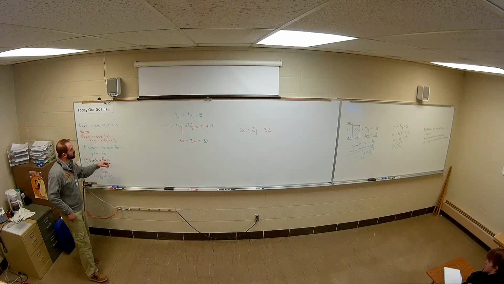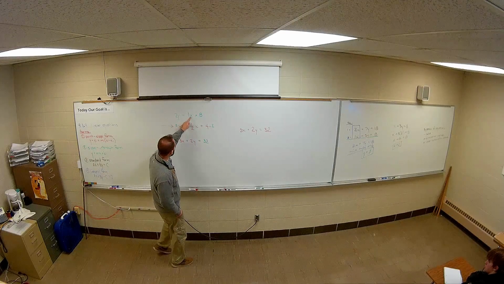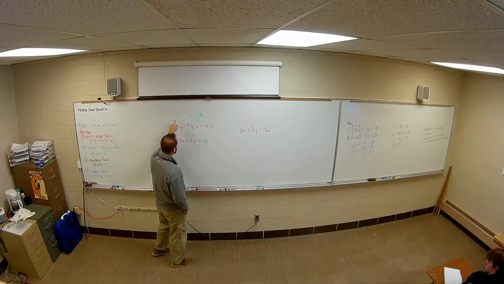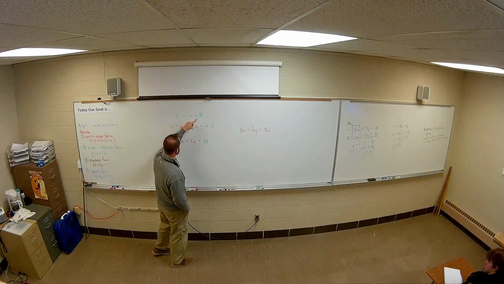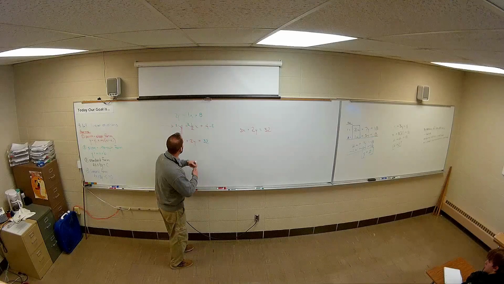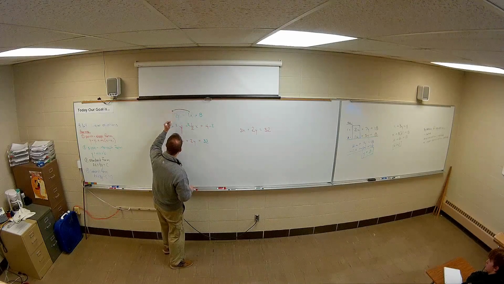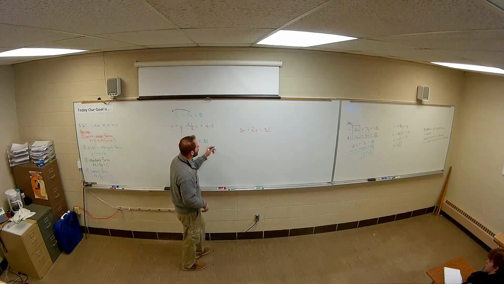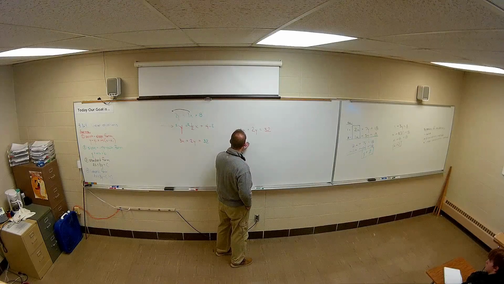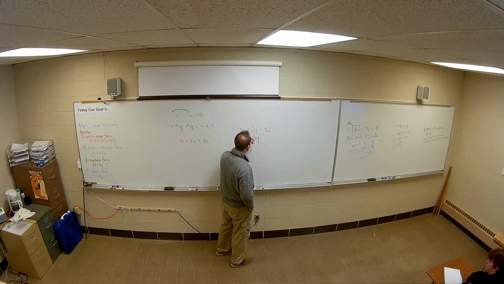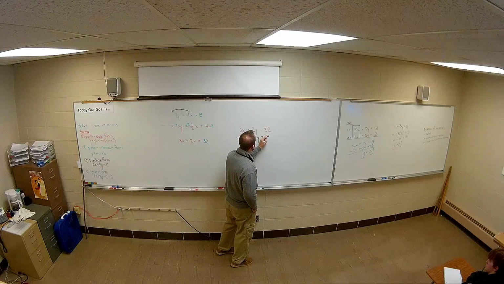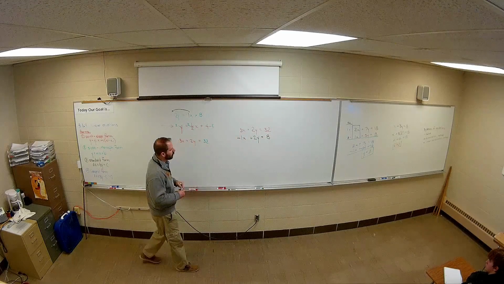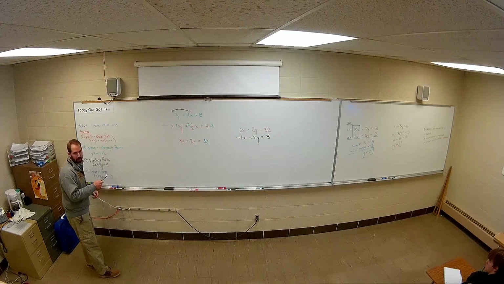If I move the x to the other side, it'll look like standard form. You'll have the x and y on this side, equal sign, and then the 8. But what happens when I move it? It becomes a negative. So really what that problem is this: negative 1x plus the 2y. The 2y was positive. And then I have the 8 on the other side. That's how you do that.